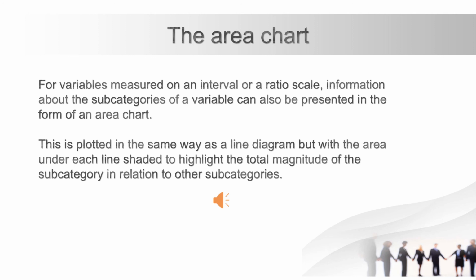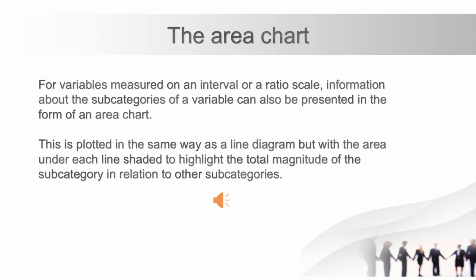So an area chart is a variation of the trend curve. In an area chart, the subcategories of a variable can be displayed. The categories in the chart are displayed by shading them with different colors or patterns.